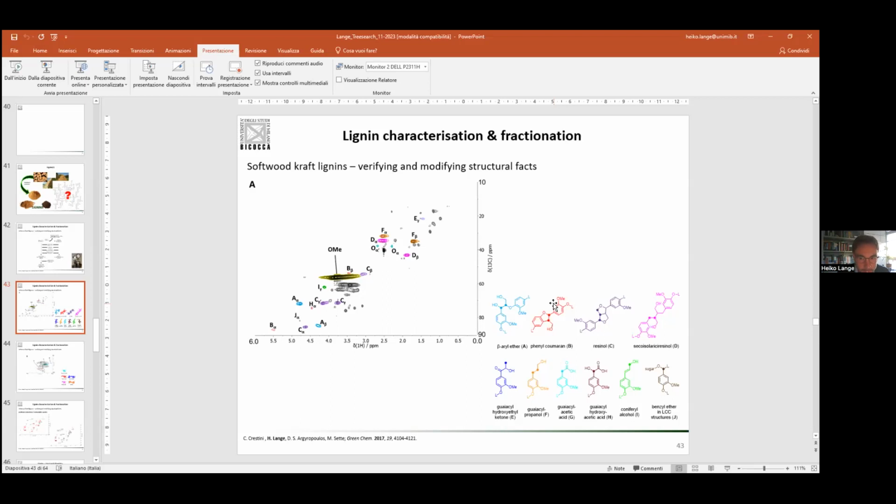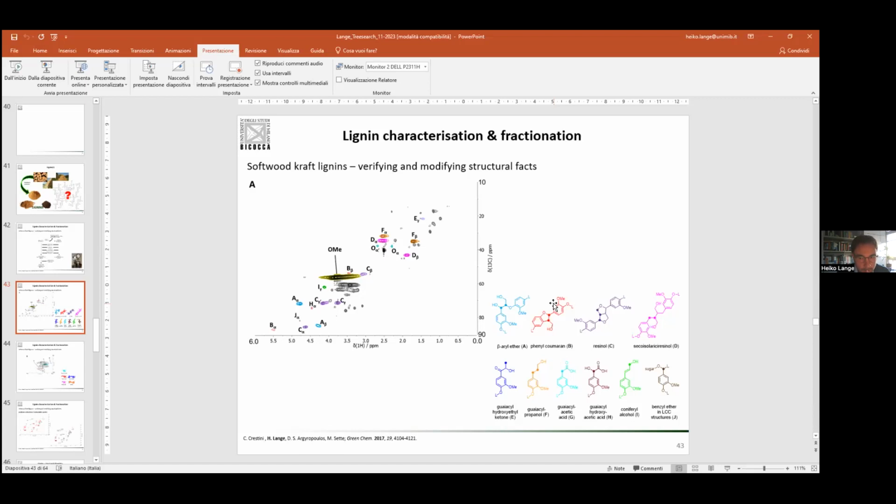Yeah. So the other question is more a practical one, because to increase resolution of the signals that we see, especially if we have overlaps in the HSQC, you said that it's very important the sample preparation, like also fractionations and analyzing the different fractions you get. But is there also another option if you cannot work with the sample preparation?